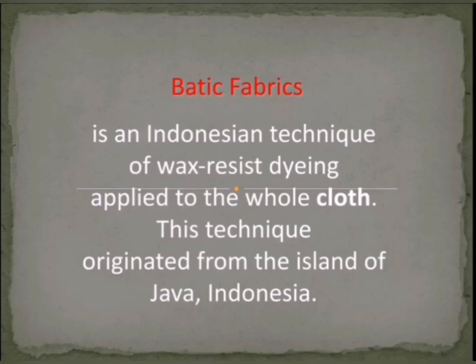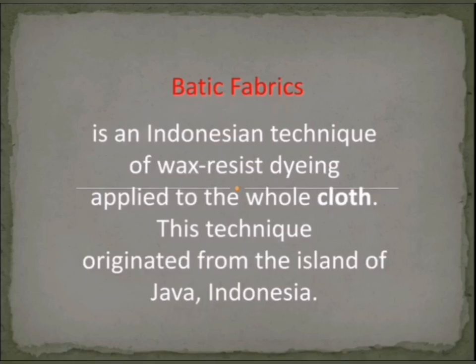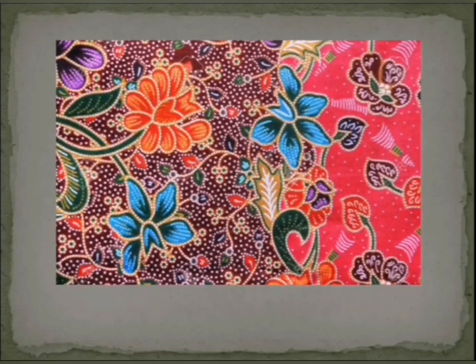So again, it's an Indonesian technique of wax resist dyeing applied to the whole cloth. This technique originated from the island of Java, Indonesia, and was then followed by other countries such as Thailand. So this is an example of a batik fabric.